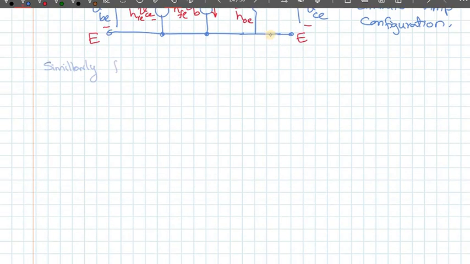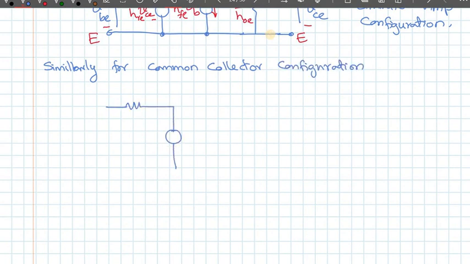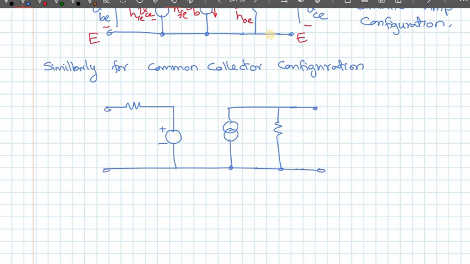Similarly for common collector configuration, the diagram would look the same. You'll have a resistor there, something like that, current source, and another resistor there. But in this case, my input is base, just like before. Output though is my emitter, and this is my collector.